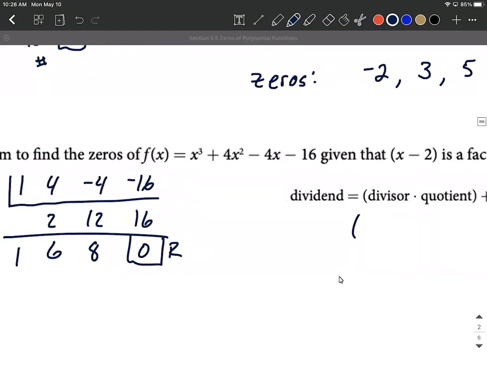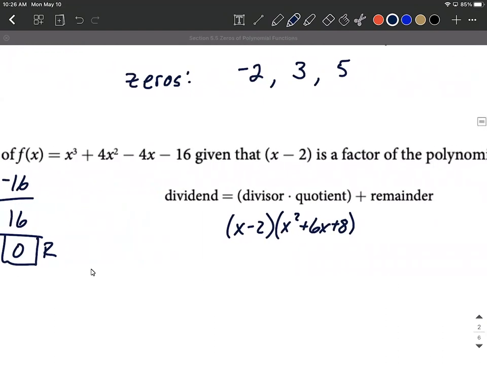So we can say we just divided by x minus 2, because we used +2 out in front. Now our quotient's coefficients are these values over here. Again, it's constant, x to the first, x squared. So we can say 1x squared plus 6x plus 8, and then plus a remainder of 0, which we don't really need to include.